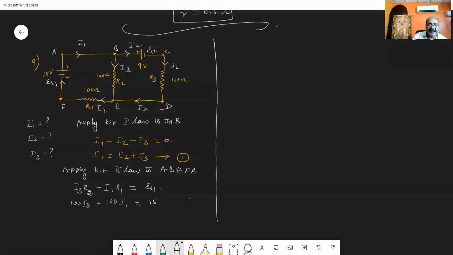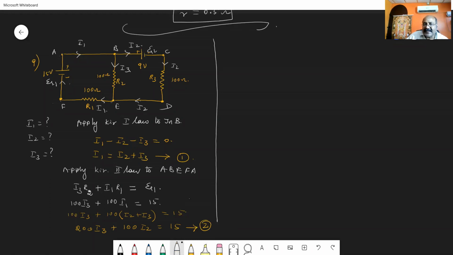So I simplify by substituting for I1: 100 I3 plus 100 into (I2 plus I3) is equal to 15. Simplifying, I get 200 I3 plus 100 I2 is equal to 15. Take this as equation number 2.